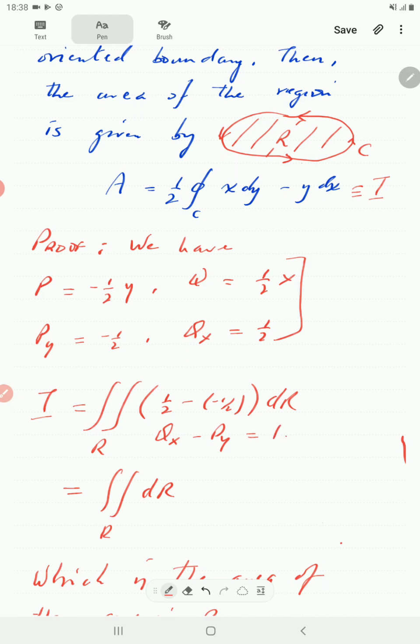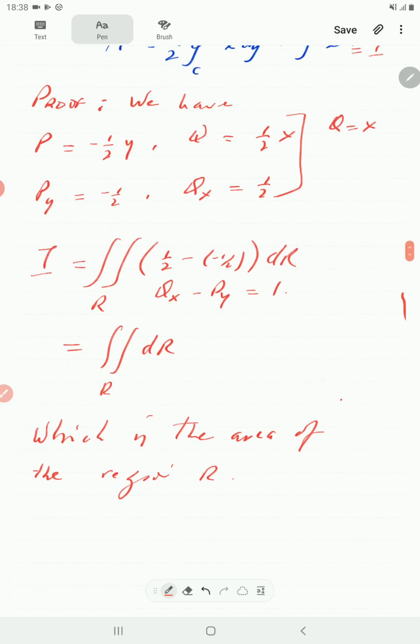So long as that is satisfied, then that expression is going to give us the area of the region. So you can imagine Q is equal to x and P is 0 is going to work, or P is negative y. Any of those are going to work.